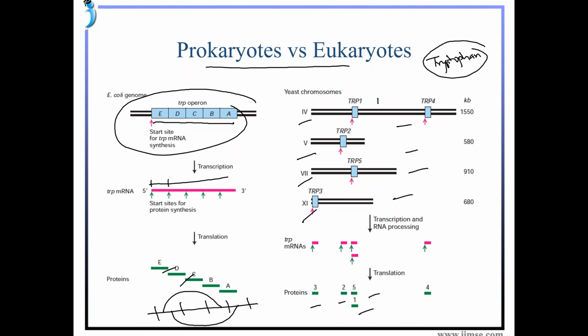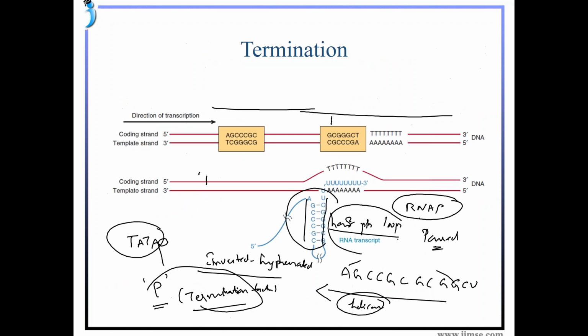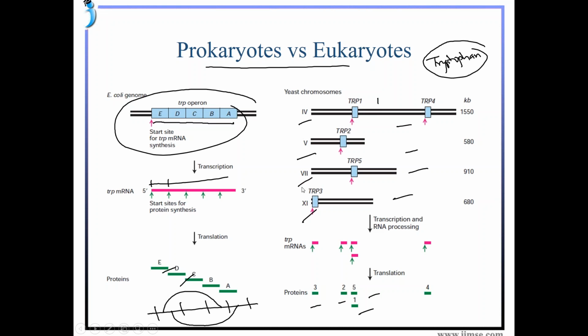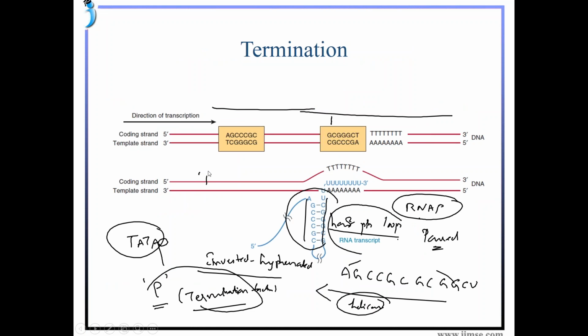Okay, so Akhila has asked, what is rho factor? It is a termination factor. It will be freely present in the nucleus. Whenever the hairpin loop structure comes in between, RNA polymerase will just pause for a moment. When it pauses, the rho factor can bind to this RNA polymerase. Why can it bind?